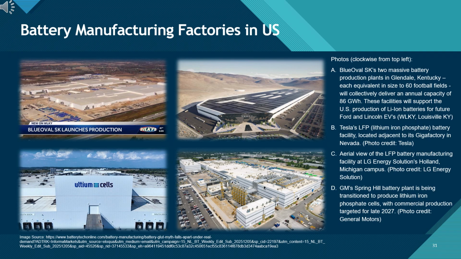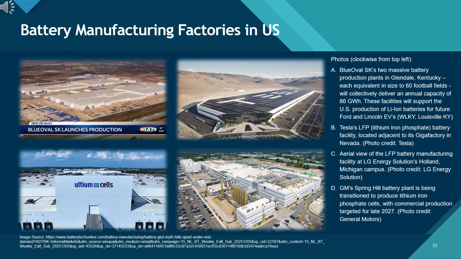Battery manufacturing factories in the United States. To conclude Chapter 3, I want to zoom out from the microscopic world of lithium ions to the massive scale of our industry today. The images you see here represent the new reality of manufacturing in the United States. We are not just building factories, we are building gigafactories.